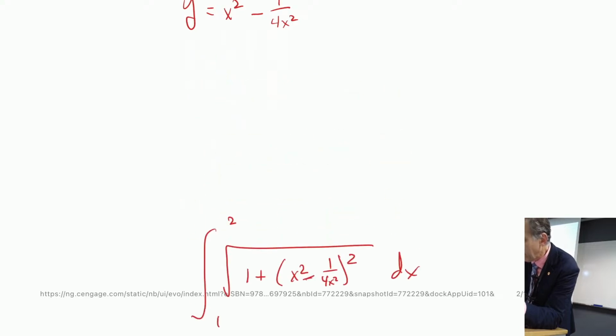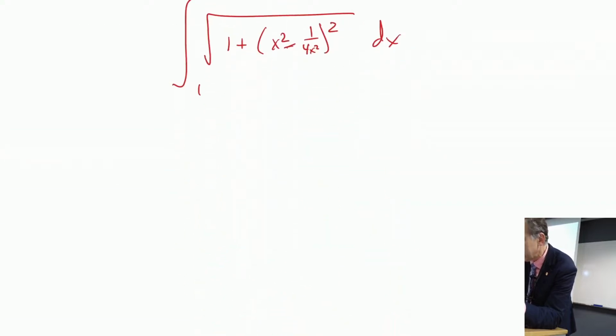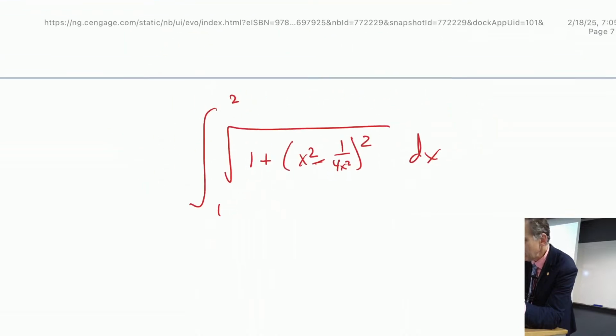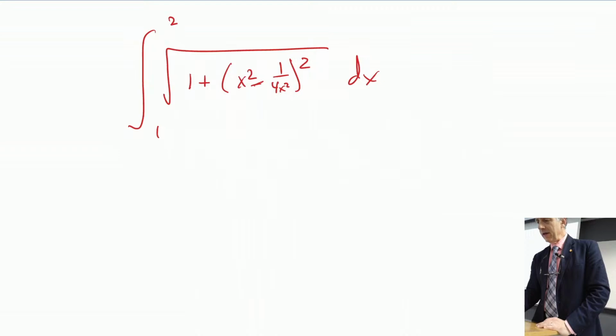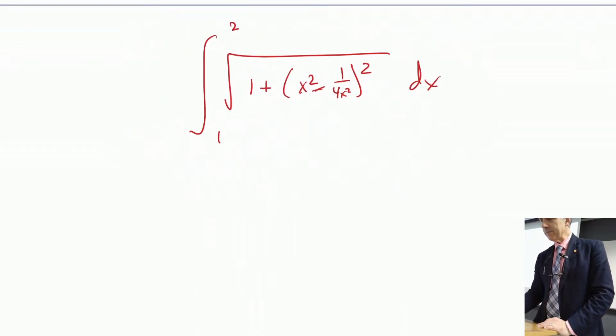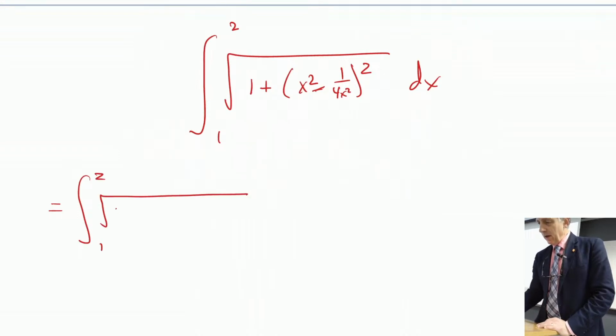I'll do it rather quickly, though, just to warn you. I'll try to explain all the different bits, though. So step one is you're going to square that binomial. So square that binomial. So we've got x to the fourth minus 1/2 plus 1 over 16x to the fourth.